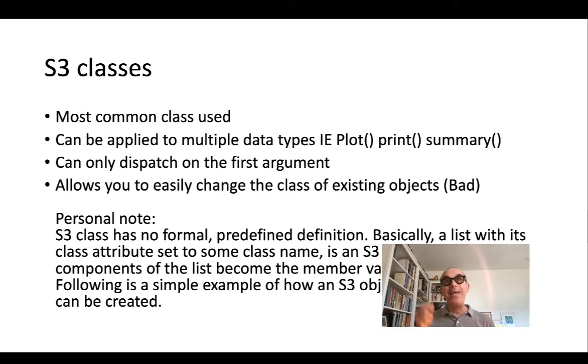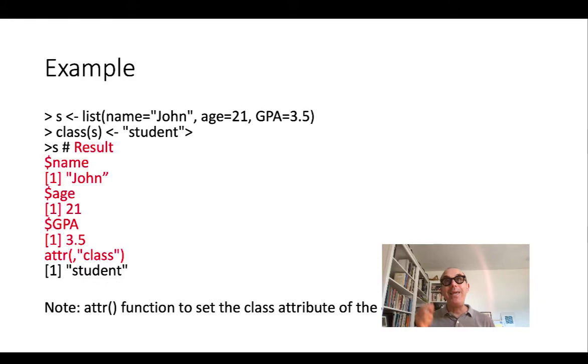Basically, it is a list with a class attribute set to some class name that makes it an S3 object. The components of the list become member variables of the object. Following is a simple example of how an S3 object of a class student can be created.